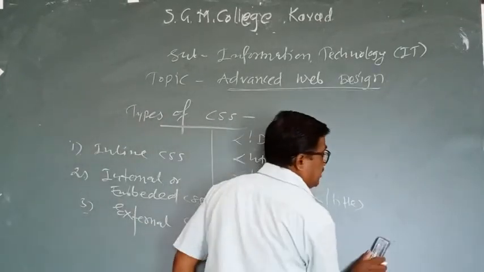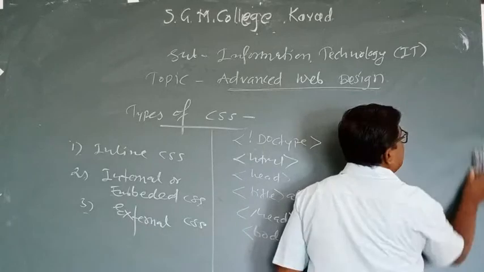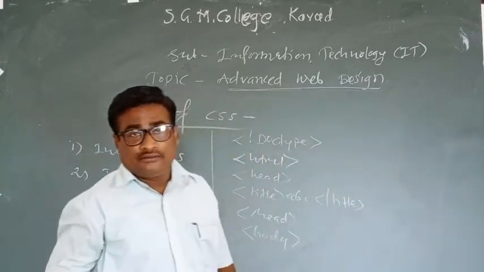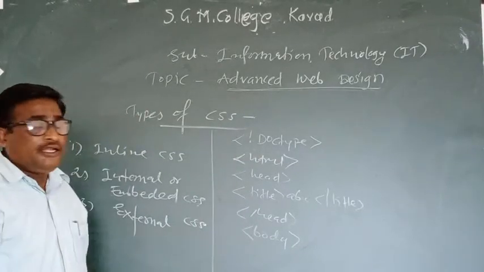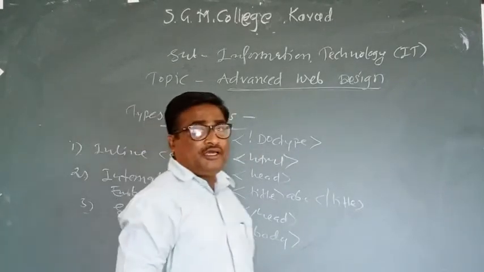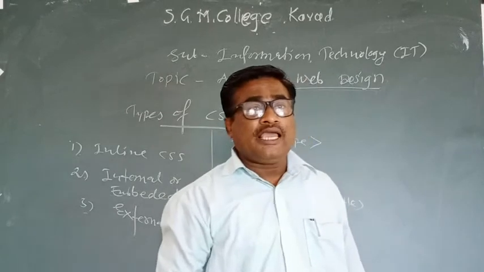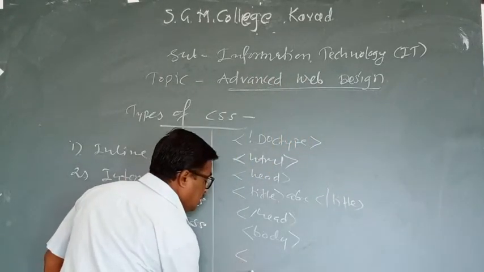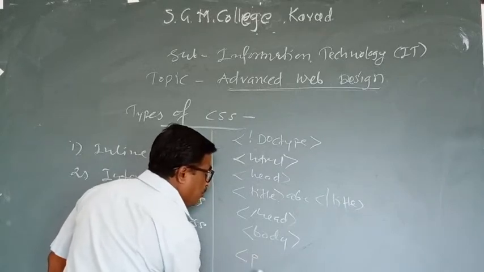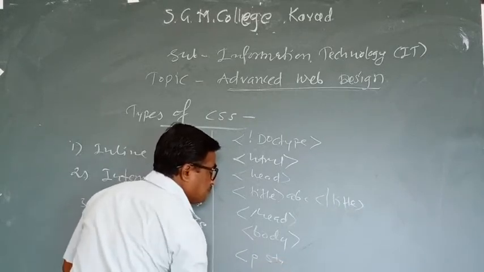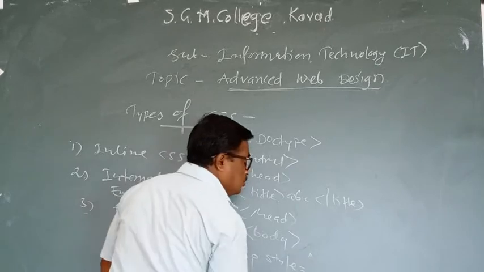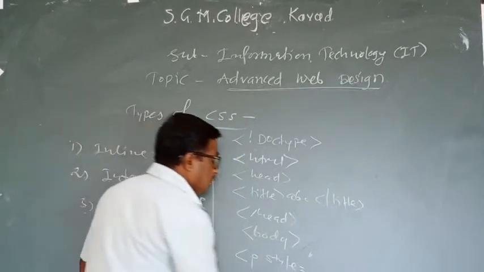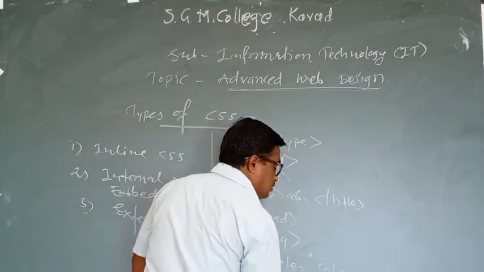In inline CSS, the style is used as an attribute of any tag. For example, here p tag, an attribute of the p tag is style, and style is equal to, in double quotation marks, color.